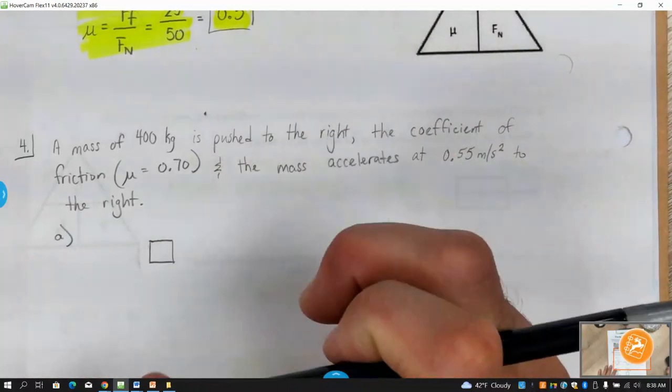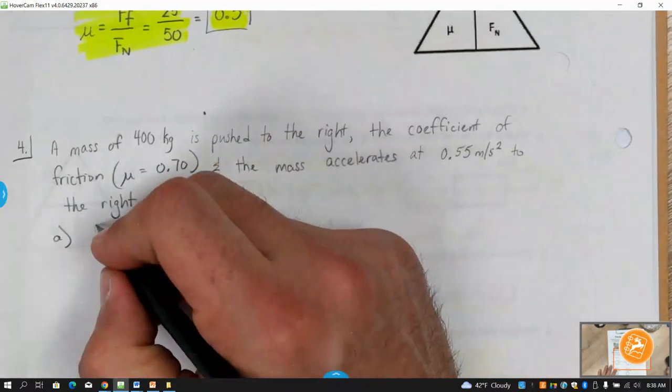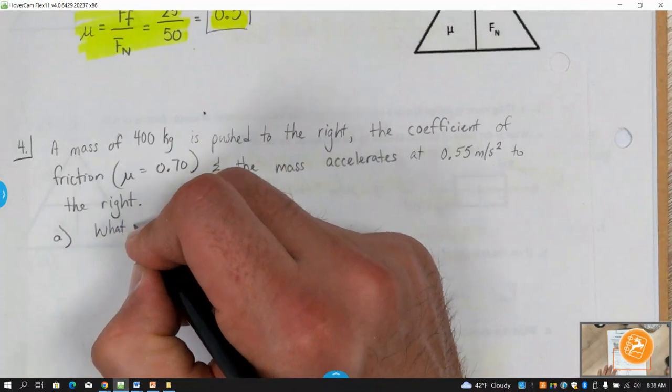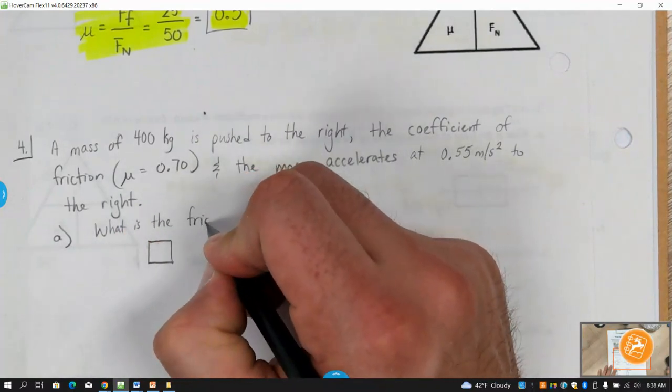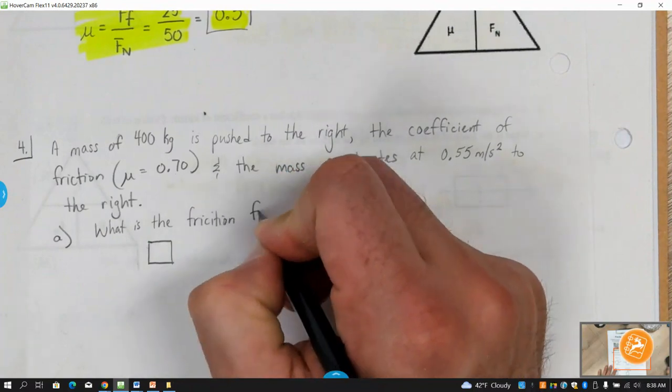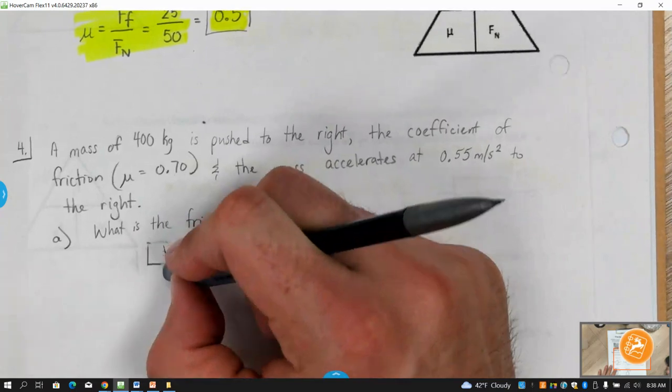And we want to say, what is the friction force? Damn it, I need to draw this down a little bit more.